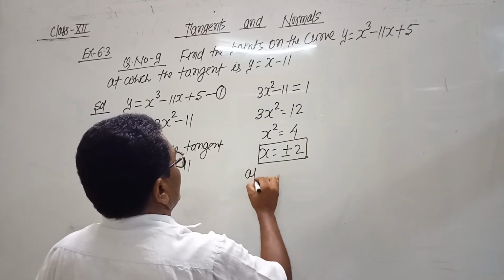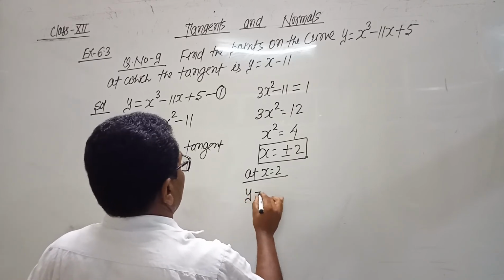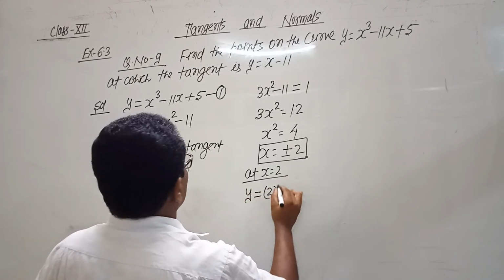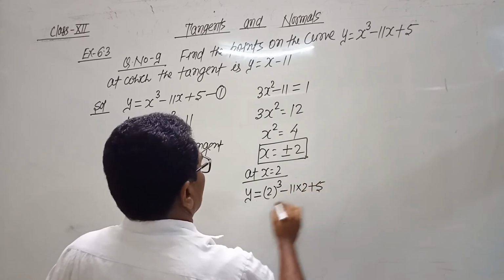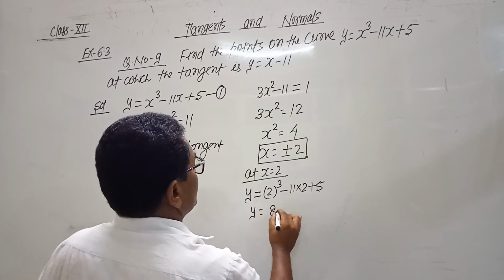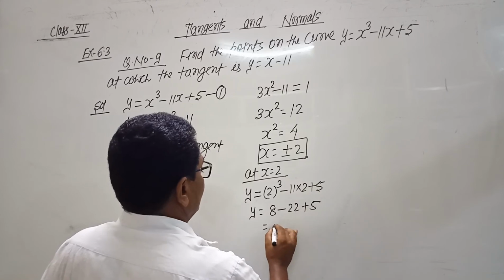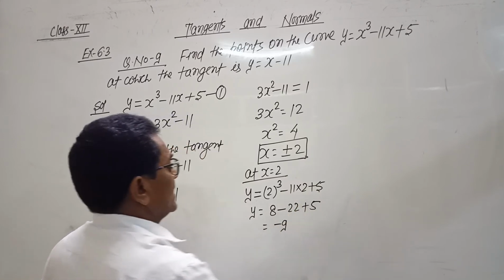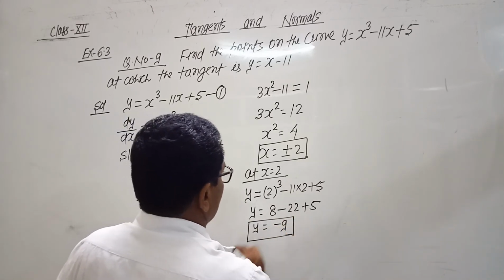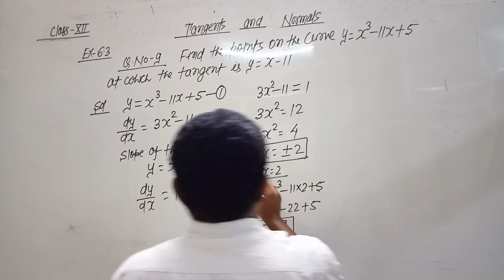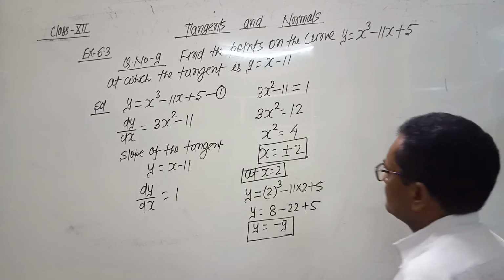So at x equals 2, y equals x cube, that means 2 cube minus 11 into 2 plus 5. So we get 8 minus 22 plus 5, which is minus 9. The value of y comes to be minus 9. So at x equals 2, the value of y is minus 9.